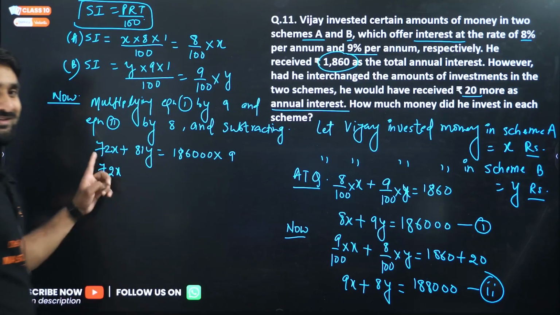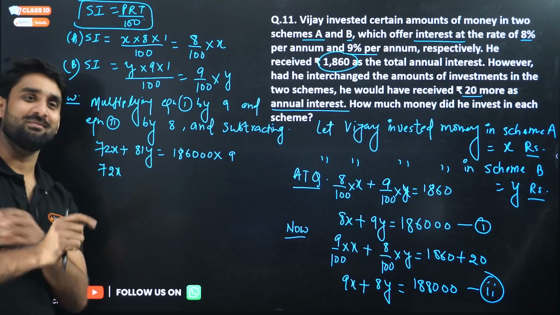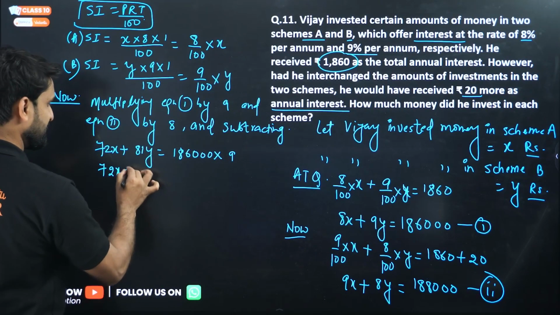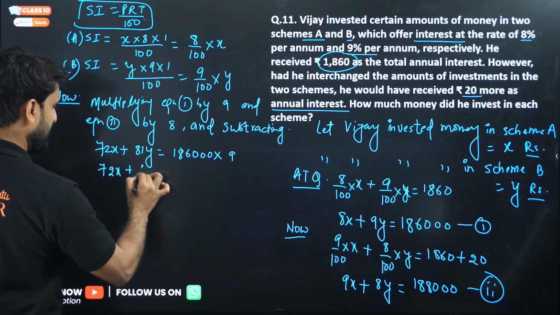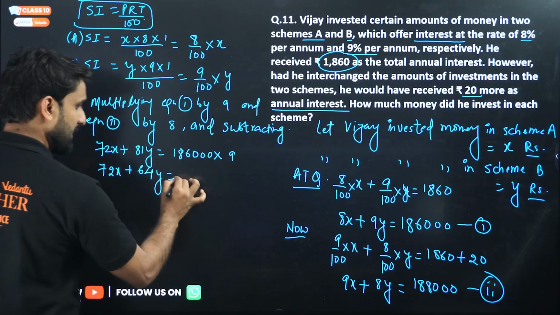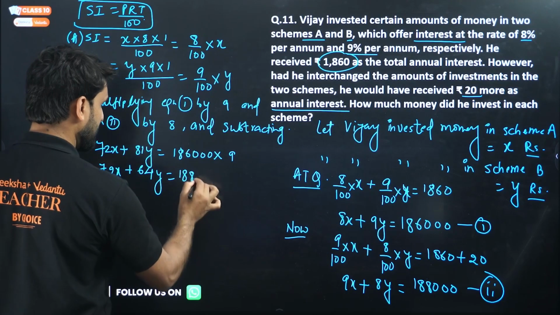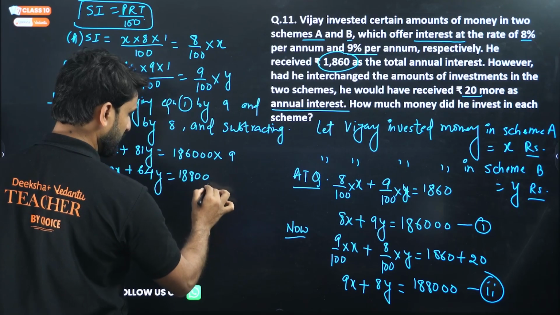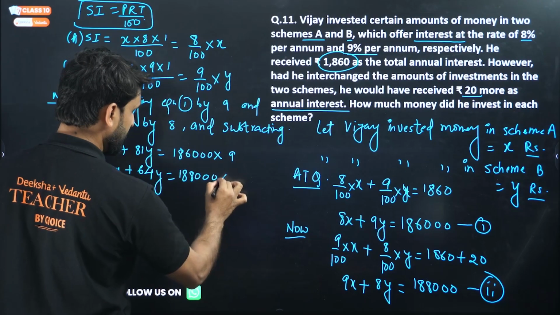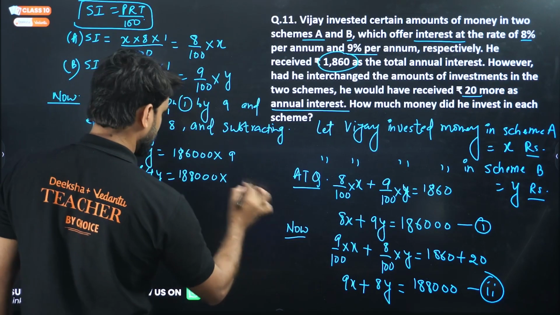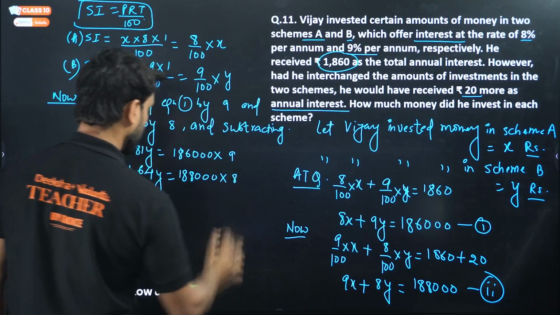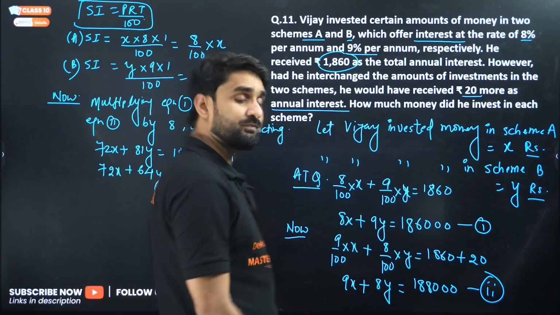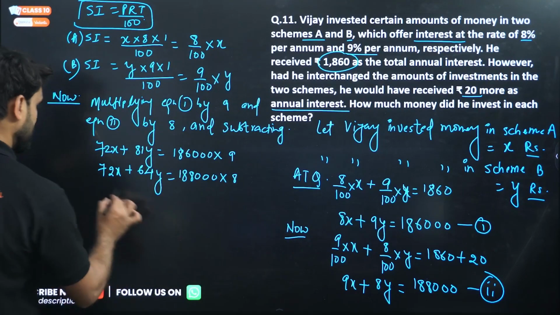Wow, they have become equal to each other. Now we can eliminate. Okay, let's write the equation. So this will be 72x plus 64y and this will be 188000 into 8. I hope this is clear to everyone. Now can we subtract? Now please subtract.